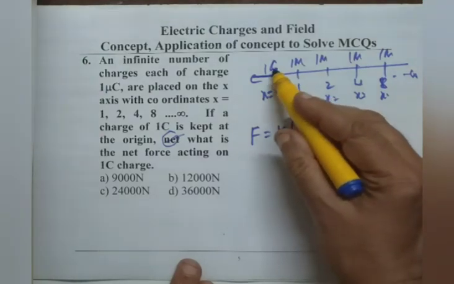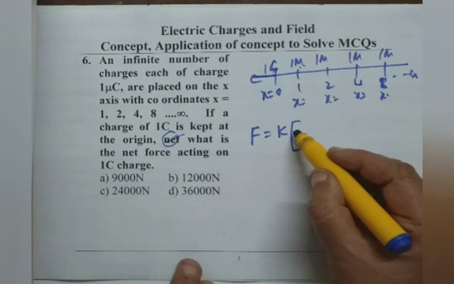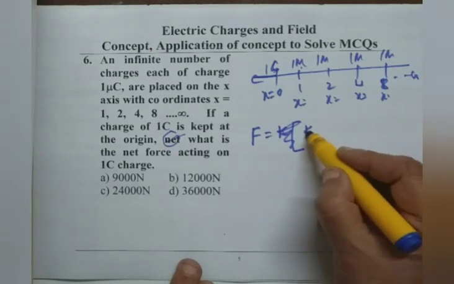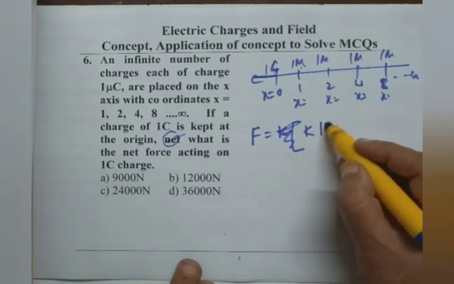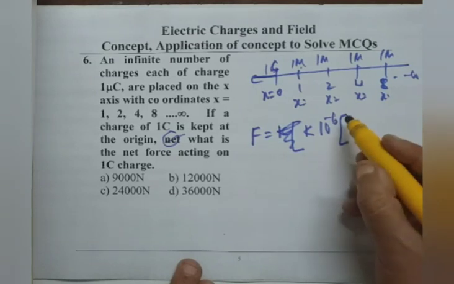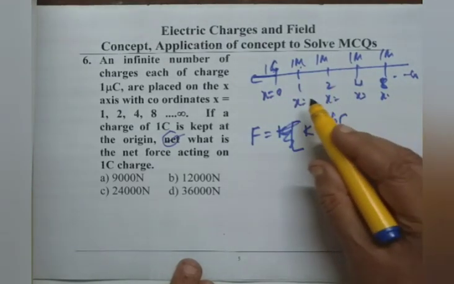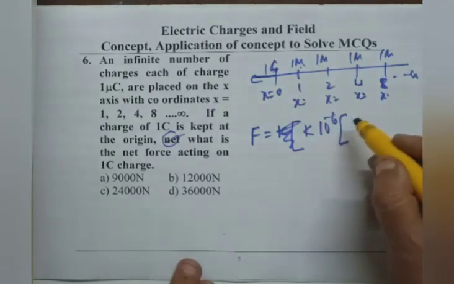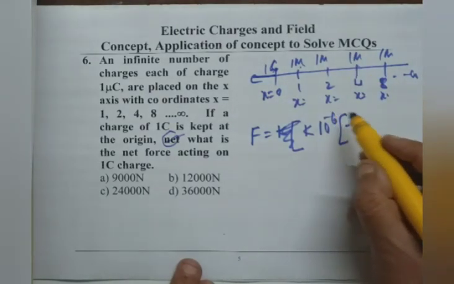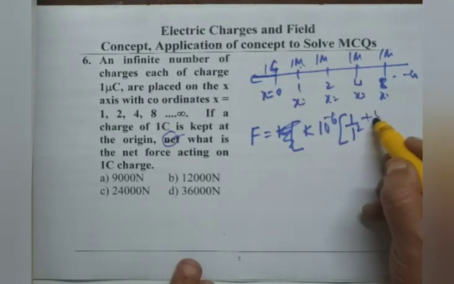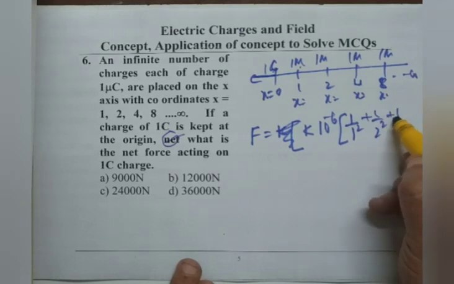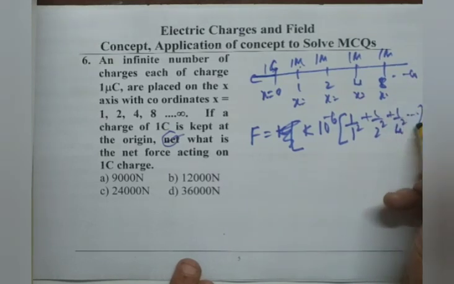Q, 1 coulomb, and 1 microcoulomb are also constant. We can write k into 10 raised to minus 6 taken out, and then 1 into 1 micro by the distance squared: 1 by 1 square plus 1 by 2 square plus 1 by 4 square, up to infinity.